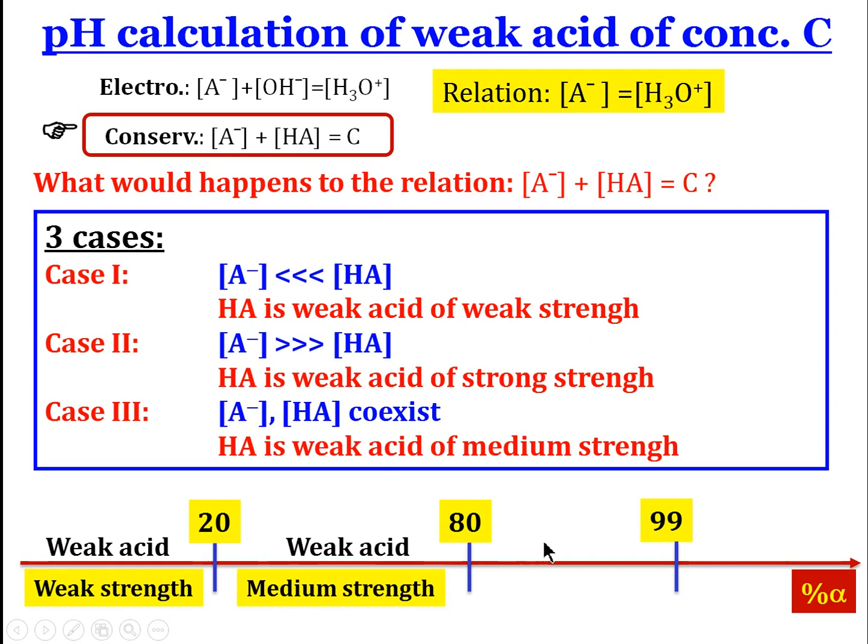And if the percent alpha is between 80% and 99%, the acid is weak of strong strength. And if alpha is greater than 99%, we know that the acid is strong. Remember that a weak acid does not become a strong acid and vice versa, but a weak acid can behave as a strong acid.